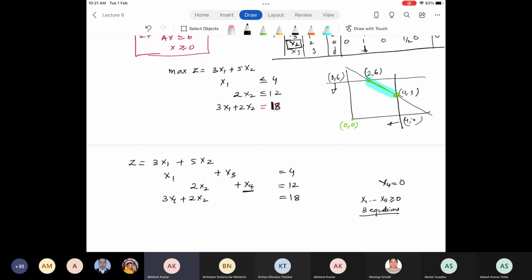If I put x4 equals 0, x2 can be calculated from this equation. Yes, sir. Right? x2 will be 6. X1 and x3 value. Because when we are doing Gauss-Jordan elimination, we have to ensure that each equation uniquely defines one of the basic variables. Will I be able to initialize our simplex algorithm?